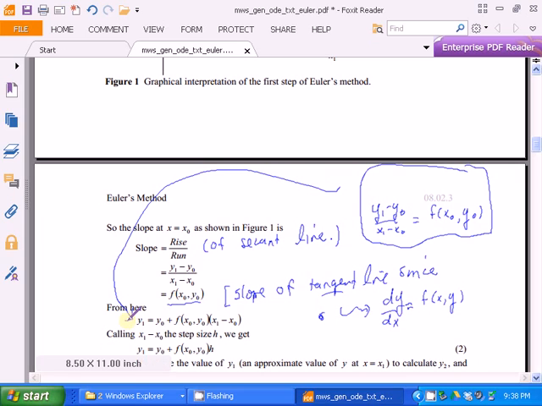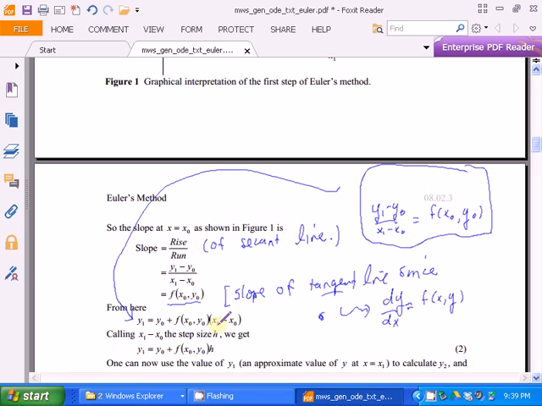All right. What did we do? We multiplied both sides by x1 minus x0, and then we added y0 to both sides. So we have this equation for y1 in terms of y0, which we know, f(x0, y0), which we know, and x1 minus x0.